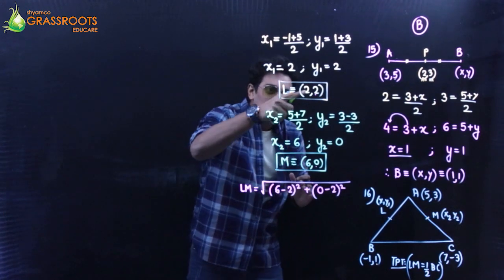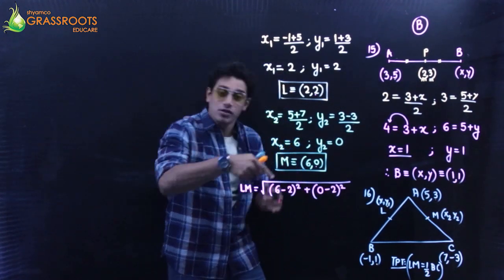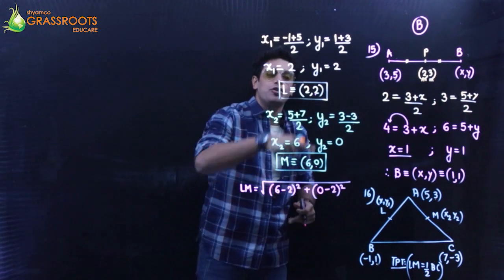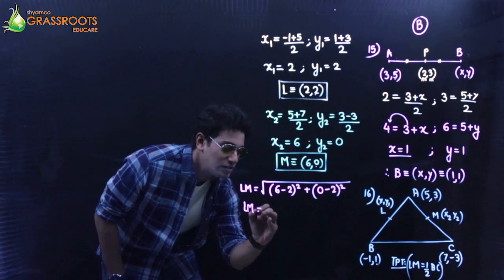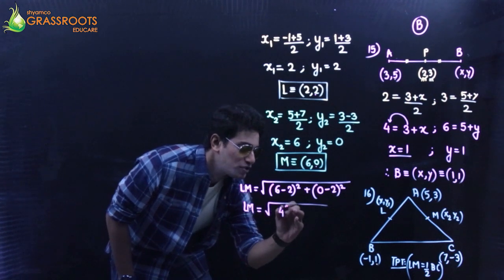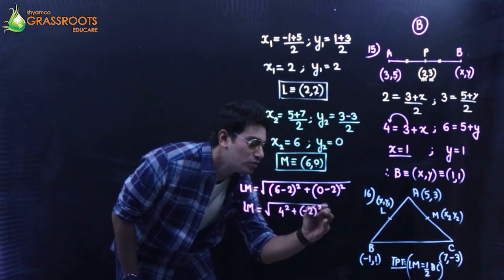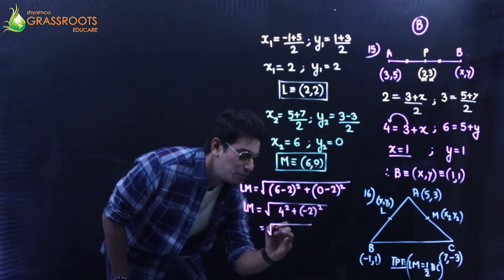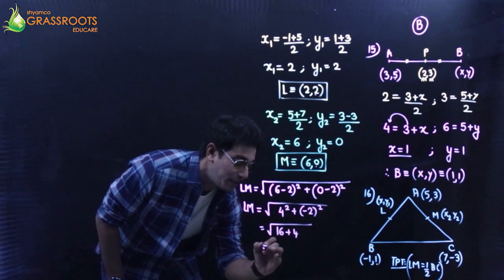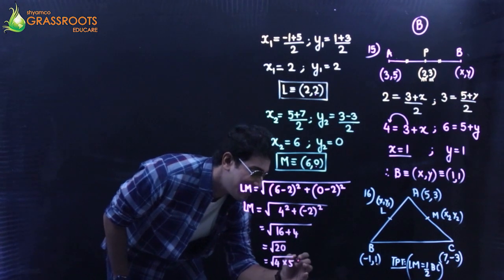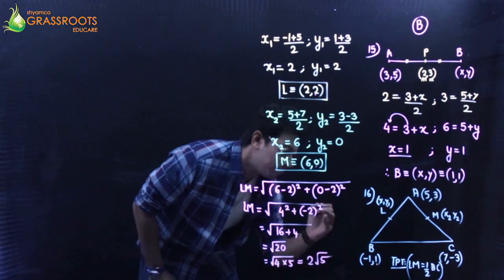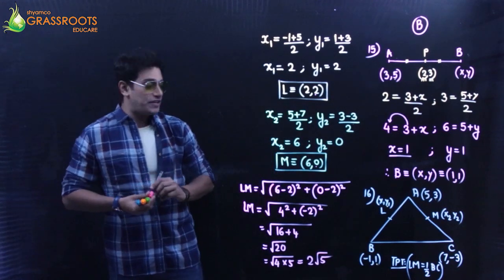Just subtraction of the x's whole square and subtraction of the y's whole square. So LM distance is going to be 4 square plus (minus 2) the whole square, which is 16 plus 4, that's 20. 20 can be written as 4 into 5. That makes it 2 root 5. So LM is 2 root 5.